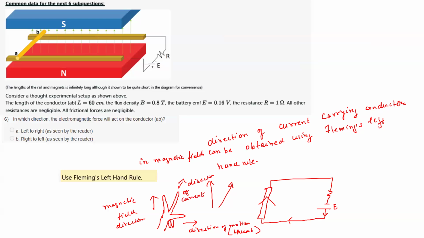So now you will see that your rail will experience force like this, from left to right. So force will be left to right, as seen by the reader.